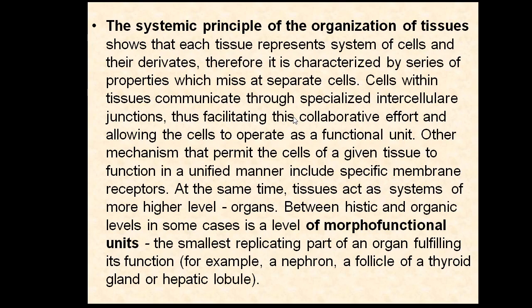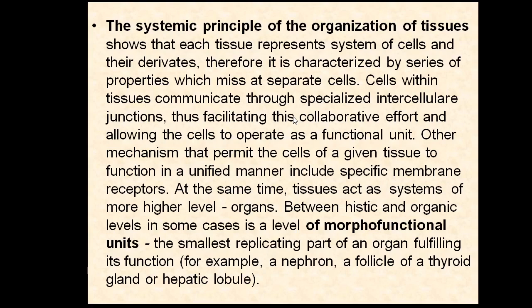That's why the principles of the organization of tissues appear. Tissues usually, I repeat once more, consist of cells and cell derivatives, extracellular matrix, and post-cellular structures. And our tissues form organs.